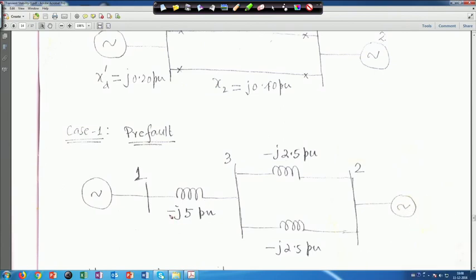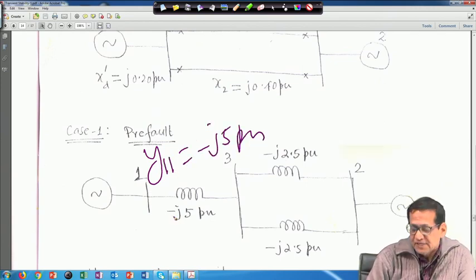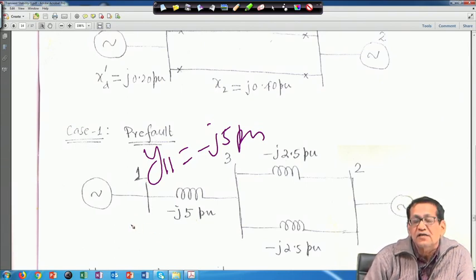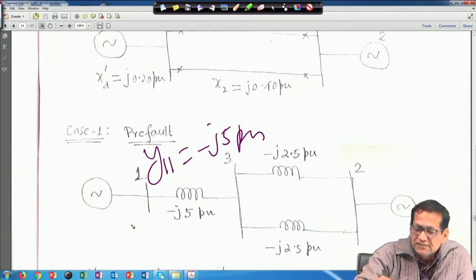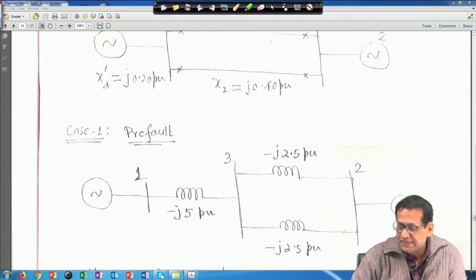If you take y 11, it is minus j 5 per unit for this one, right. Similarly, if you take y 13, it will be minus j 5 per unit, because no charging admittances are considered here, or no load is given here, right.